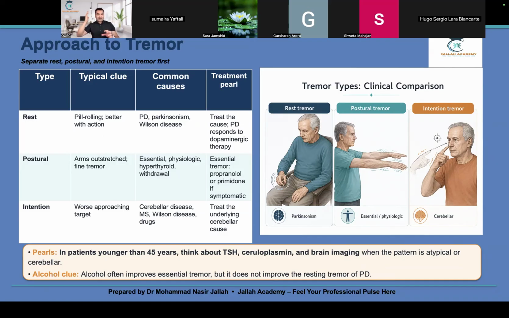If you're right-handed, it will start with the right hand. If you're left-handed, it will start with the left hand. Most people are right-handed, so it starts from the right hand. But it doesn't mean it's going to stay on the right hand. It will affect the left hand as well, but it will start with the dominant side.